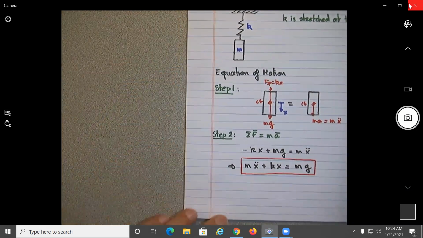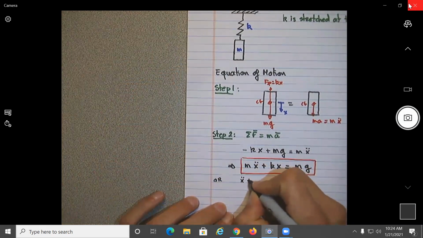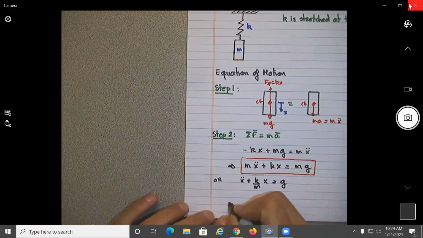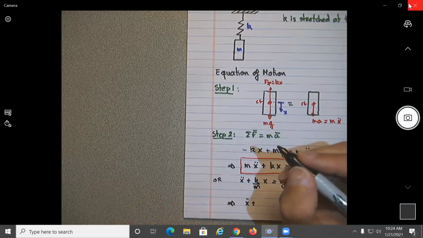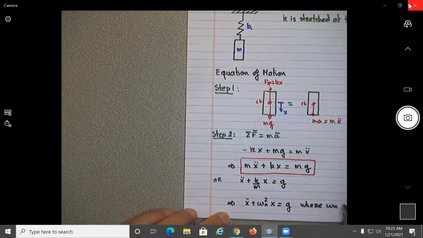I can rewrite this equation as x double dot plus k over m x equal to g, which gives x double dot plus omega n squared x equal to g, where omega n is the same as before, equal to the square root of k over m.